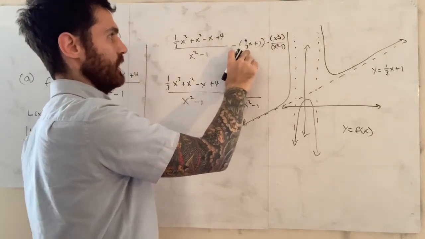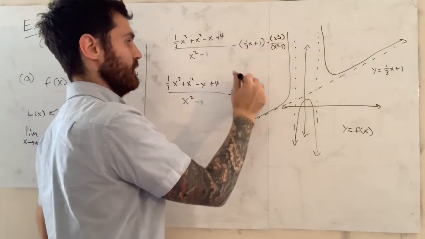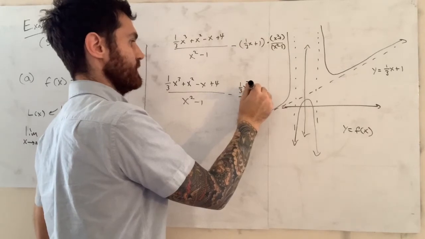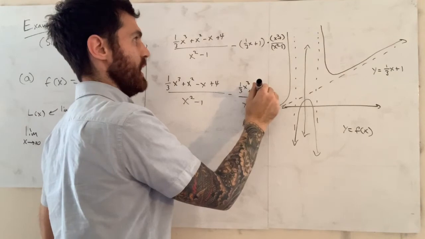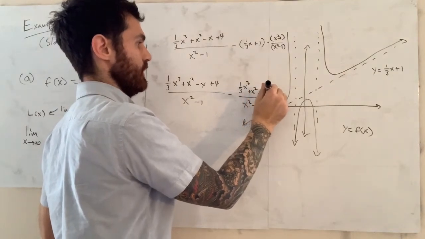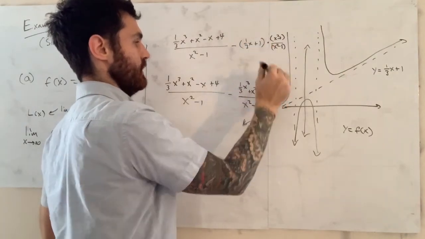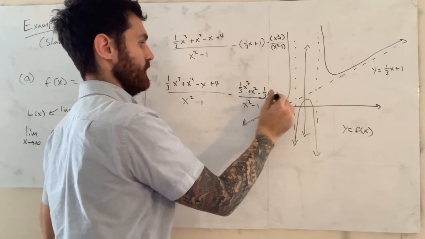When I multiply all that out, I'll get 1/3 x cubed plus 1/3 x squared plus x squared, then minus 1/3 x, and then minus 1.